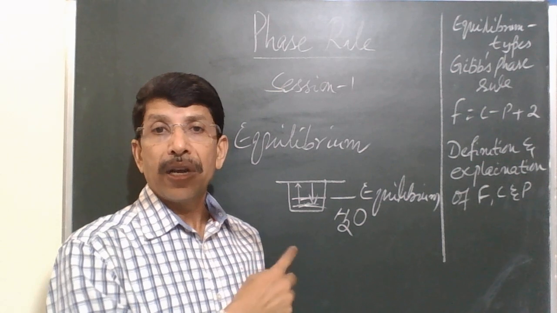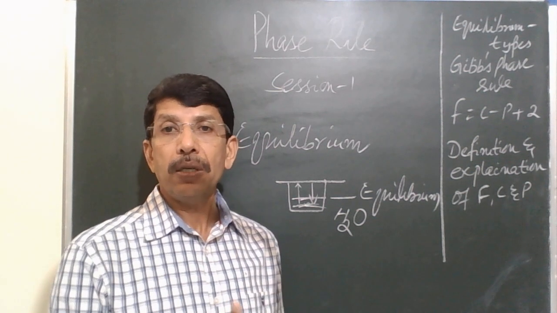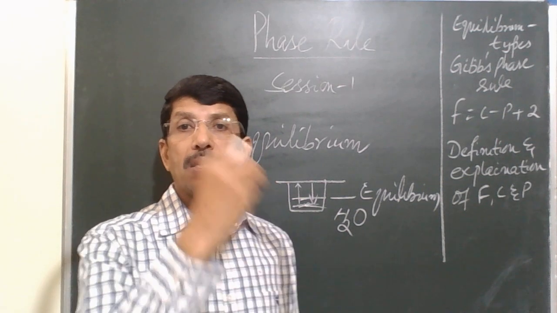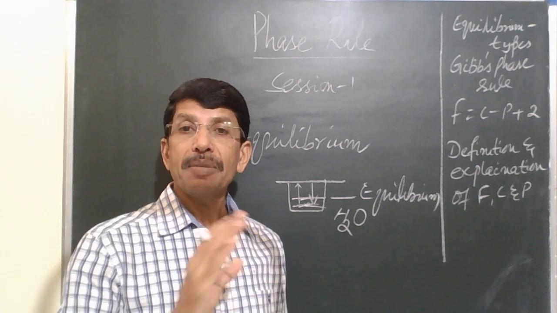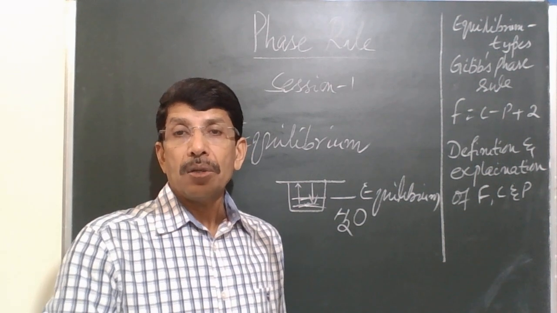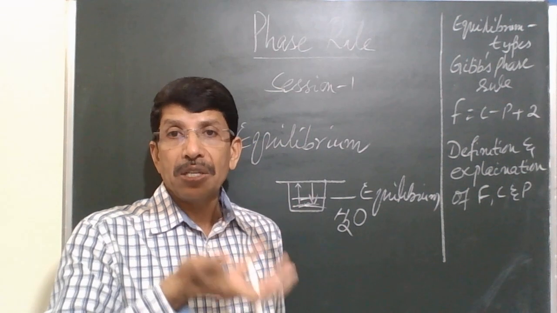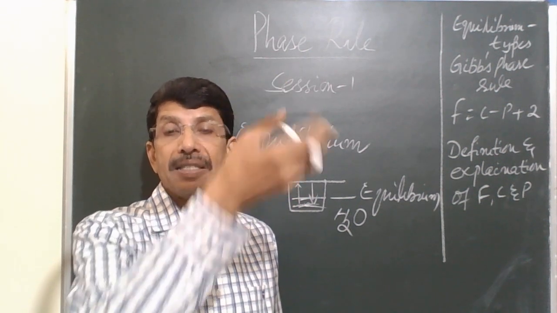So when liquid water is in equilibrium with its vapor, any property of water that you measure in this equilibrium state remains the same. In the beginning the rate of evaporation is higher, so the quantity of liquid water is decreasing and the quantity of water in the vapor state is increasing.